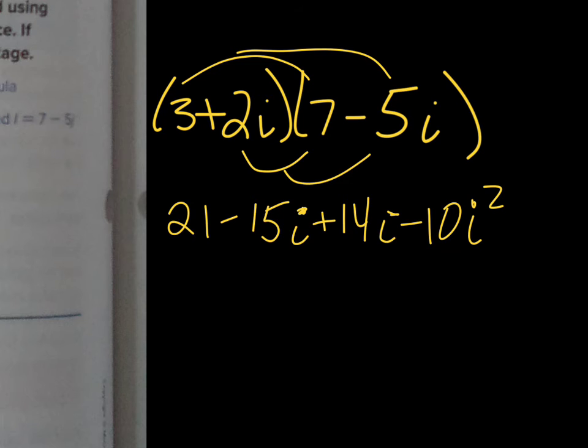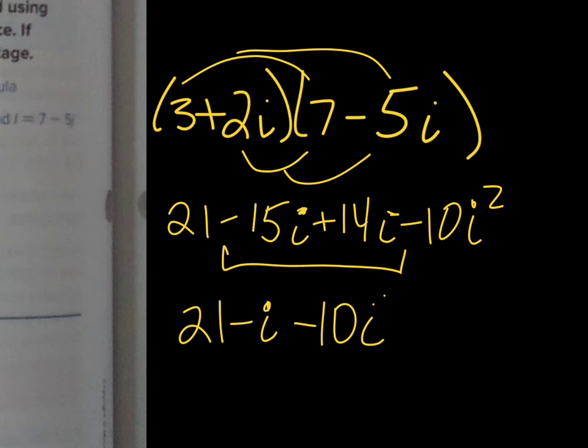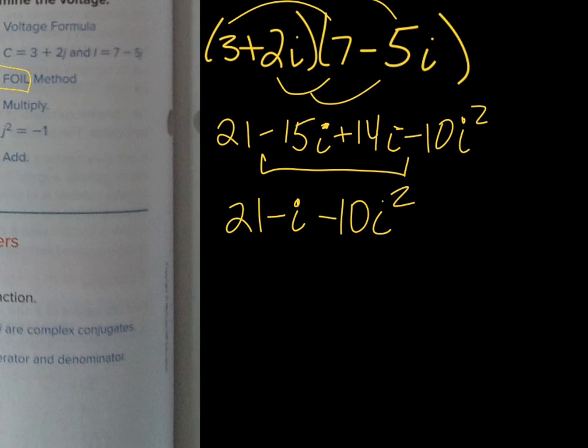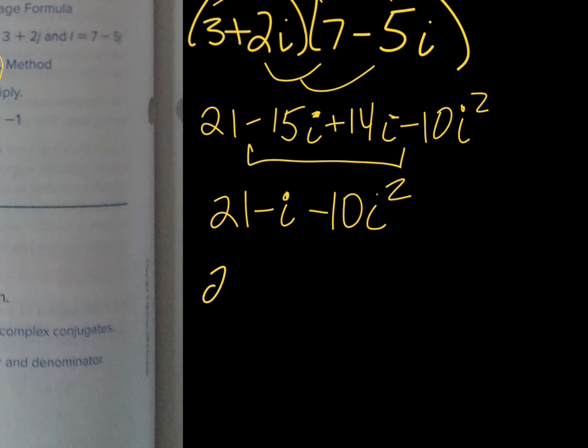All right, so then I'm going to combine these two terms in here. So 21 minus i minus 10i squared. But i squared is also known as negative 1. So really this is saying 21 minus i plus 10. Is that okay?